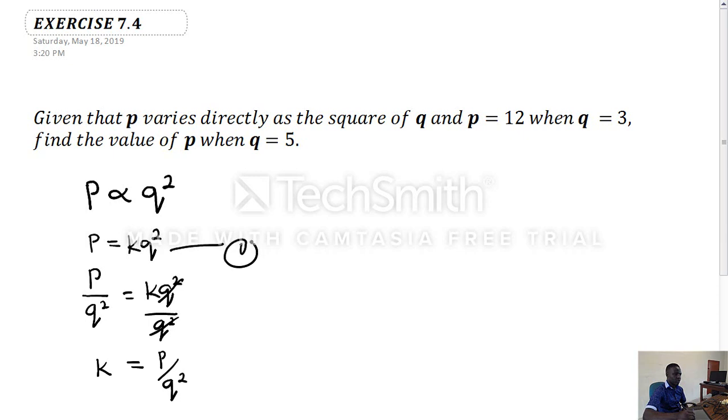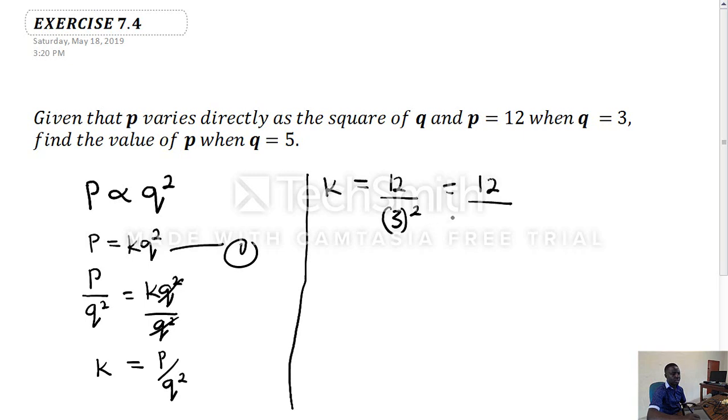So what we are going to do is to get the value of K and resubstitute it back into our equation 1. And we are told that when P is 12, Q is 3. So we'll have our value of K as 12 divided by Q, which is 3 squared. 3 squared means 3 times 3, and 3 times 3 is 9.